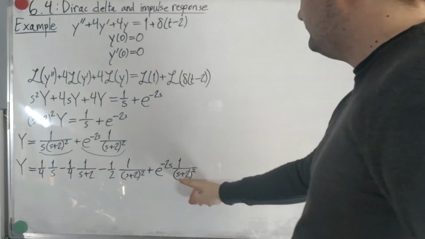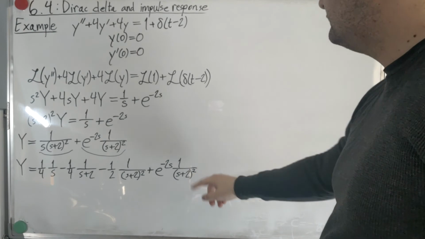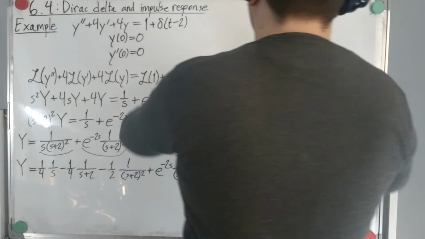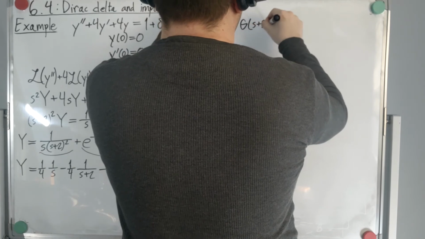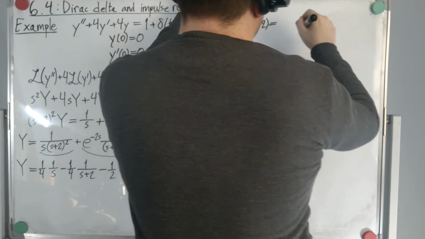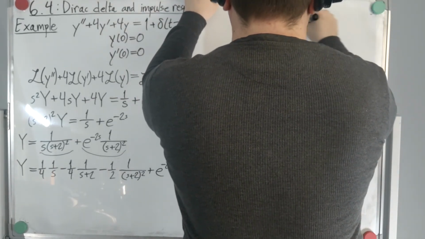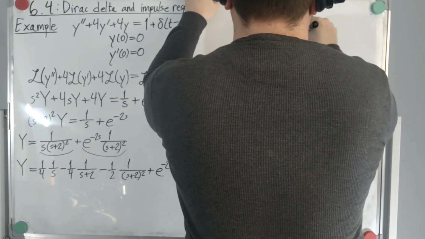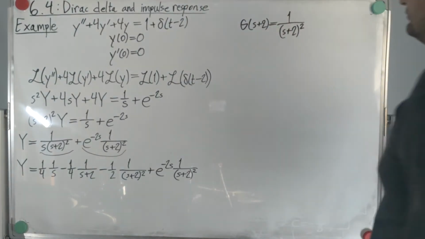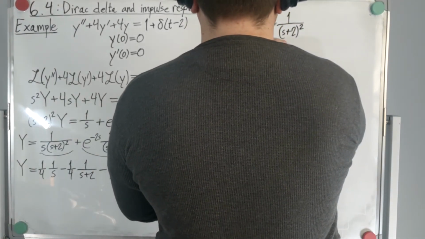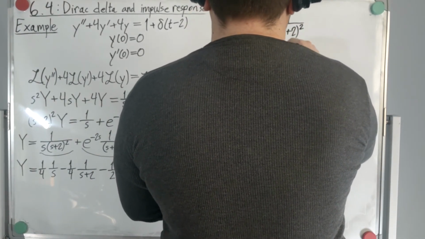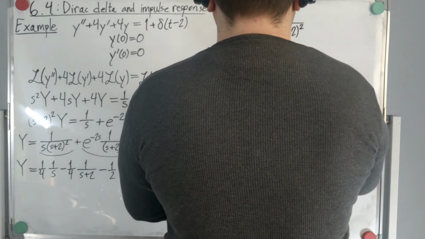Because now what we need to do is handle 1 over s plus 2 squared. So I'm going to define that as G of s plus 2. I'm going to call that 1 over s plus 2 squared. In which case, G of s is just 1 over s squared.